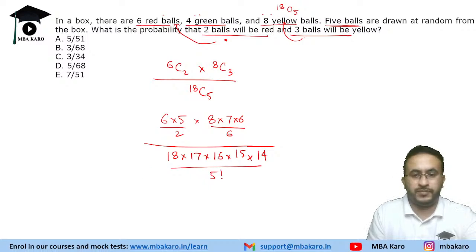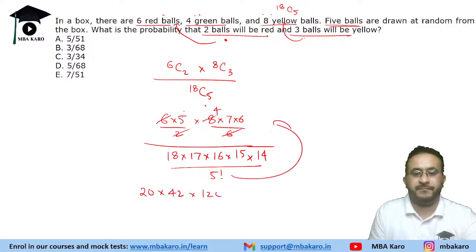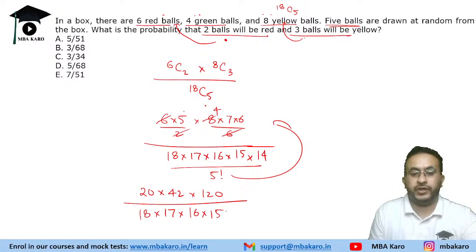So let us reduce this a little. So numerator will be 20 into 42, and this 120 will also go to the numerator, and in the denominator we will have 18 into 17 into 16 into 15 into 14.